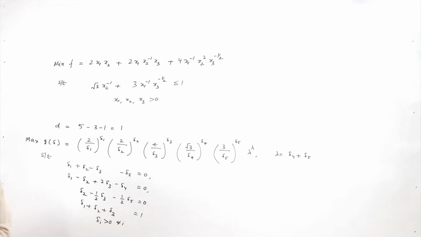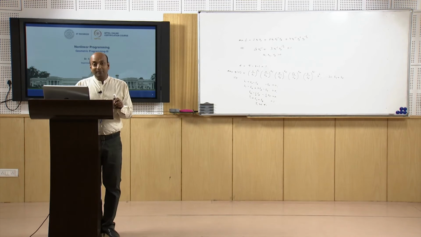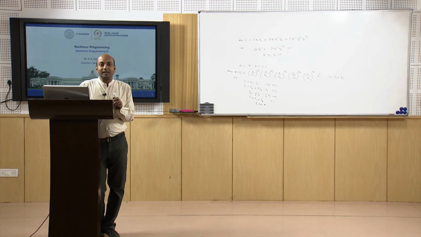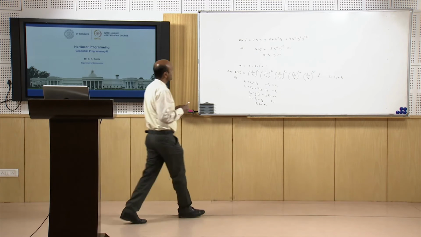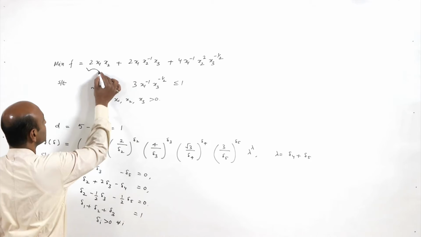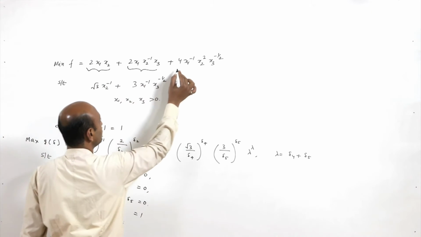Now, how do we find the variables? We use the equality condition. From the equality condition, we know that this is our u1, the first term, this is u2, this is u3.